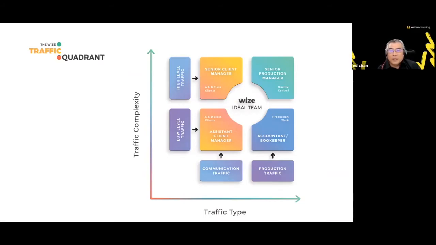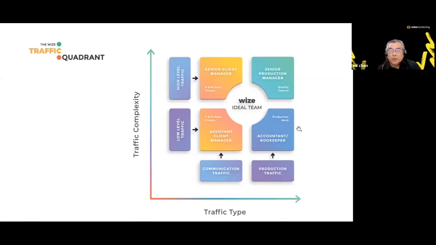And then the assistant client manager is still fairly hands-on, but they handle the C and D class clients. For example, I returns. So they take on the I returns. They either do it themselves or they push the I returns to a production person in the bottom right-hand corner where you can see the blue triangle, which has got accountant, bookkeeper, and that could be someone overseas on a lower cost.